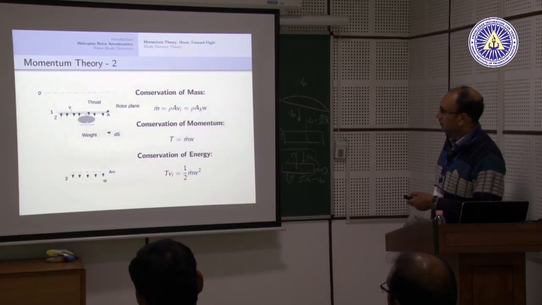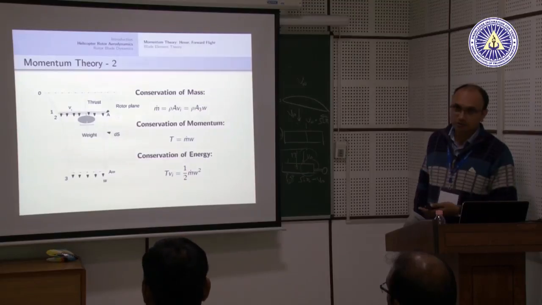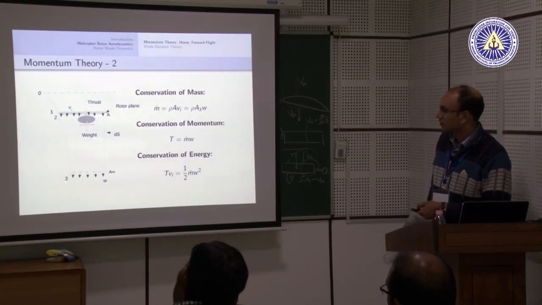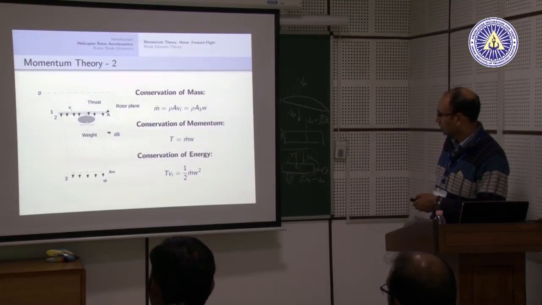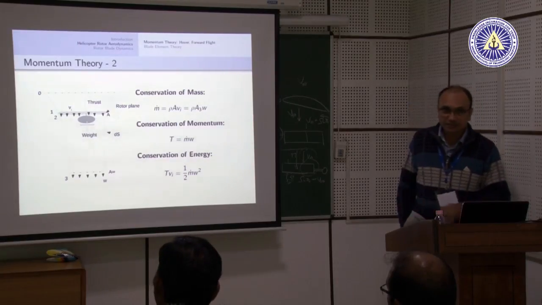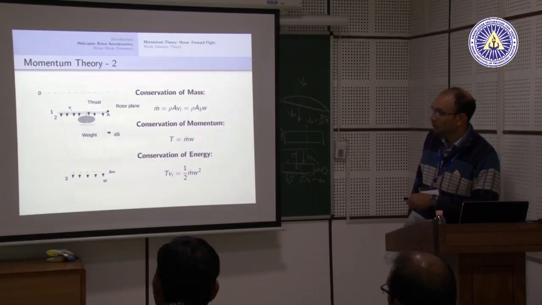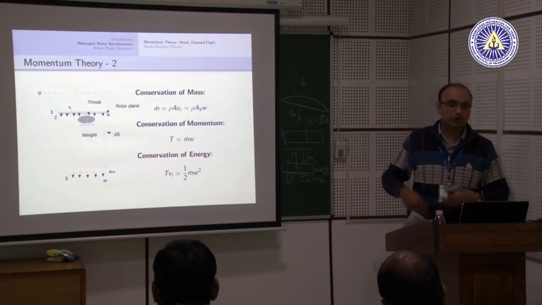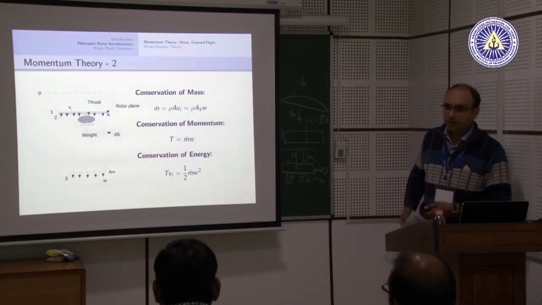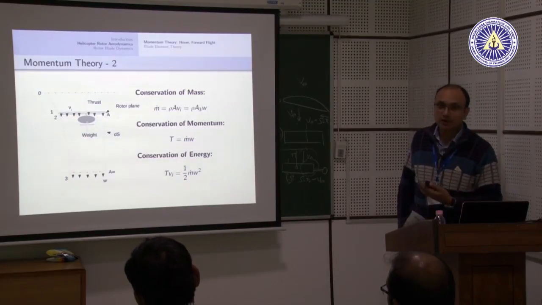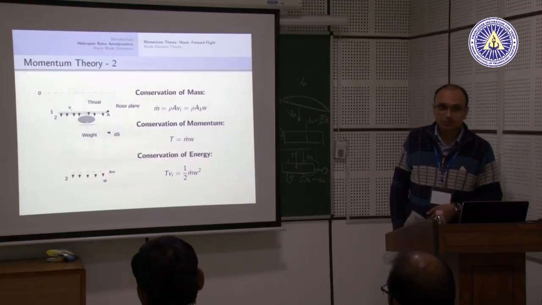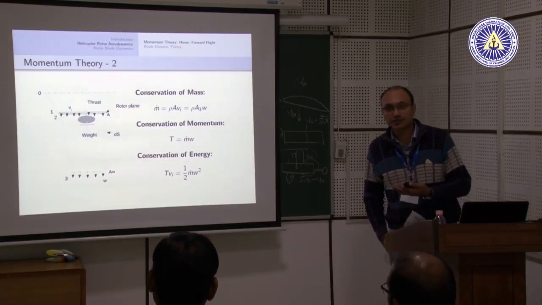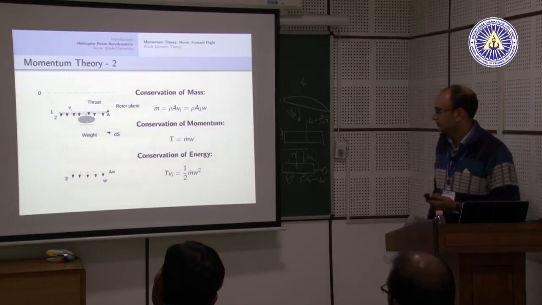Therefore, the momentum which is entering the system is 0, and the momentum which is exiting the system is m dot into W. Momentum entering would be minus 0, which I have not put here, and this change in momentum should be equal to the force, and that force being applied on the system is T. So, this T is equal to m dot W, and that gives me a very simple way of estimating how much thrust my rotor is going to generate.